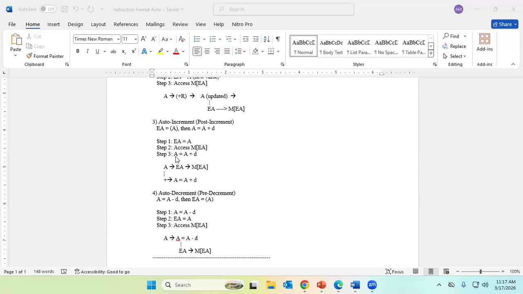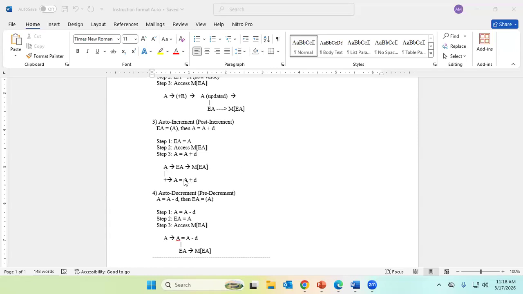And the new A will be the content of memory A plus this displacement D, whatever the value is. So A is the effective address. Memory of EA will be put in A here, and then A will be equal to A plus D.